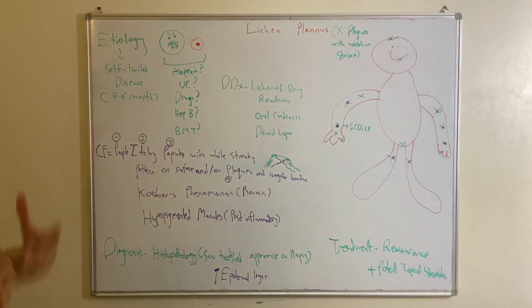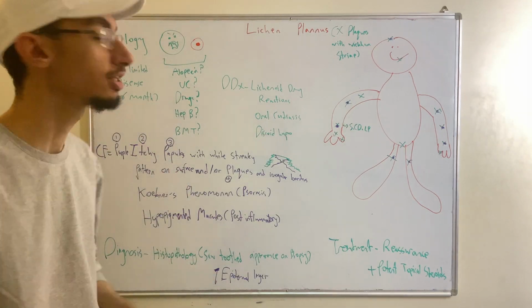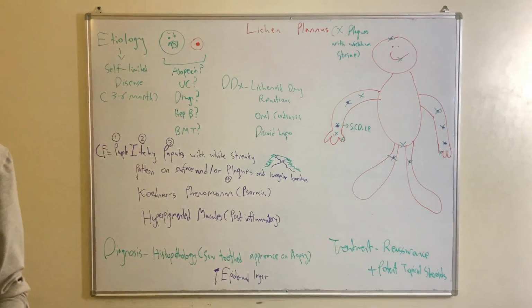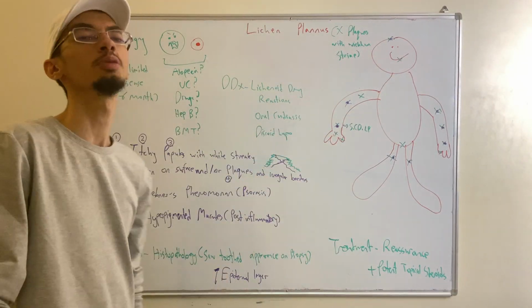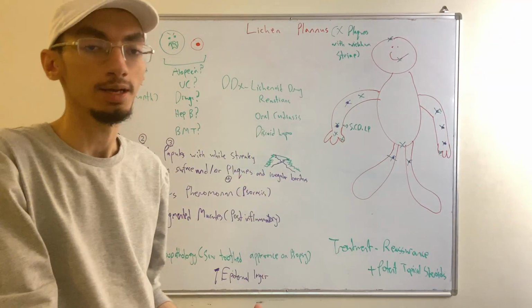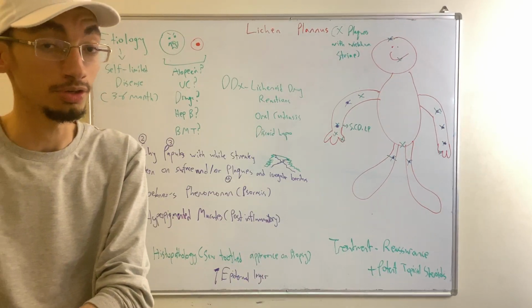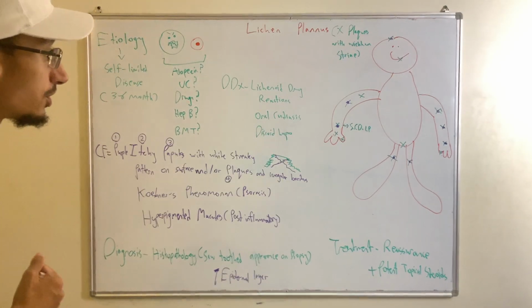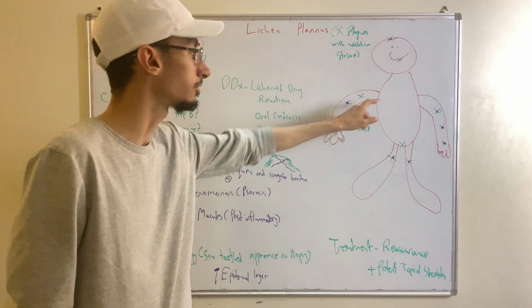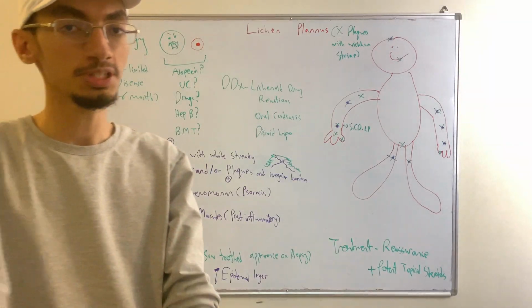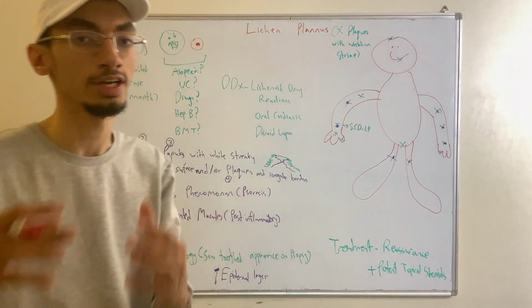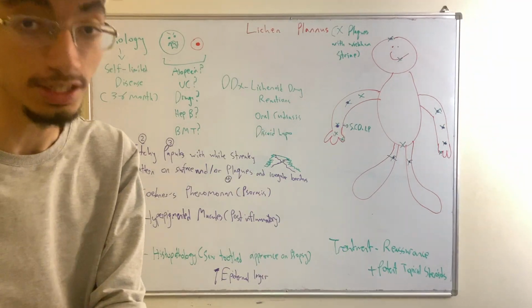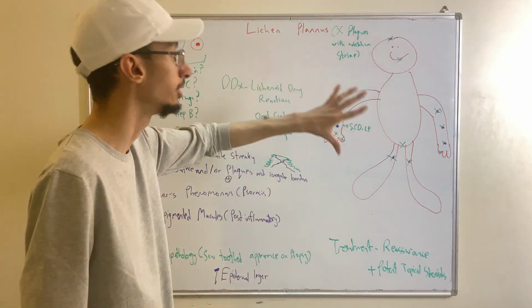So now that we finished talking about the etiology of lichen planus, let's talk about the clinical features of lichen planus. What do we see exactly? Here we have a drawing of a human being, or an attempt at drawing one. What we see here is a bunch of lesions characterized by the letter X. X is basically the site of the lesion in lichen planus. Lichen planus is characterized by raised lesions known as plaques that can be seen throughout the body.